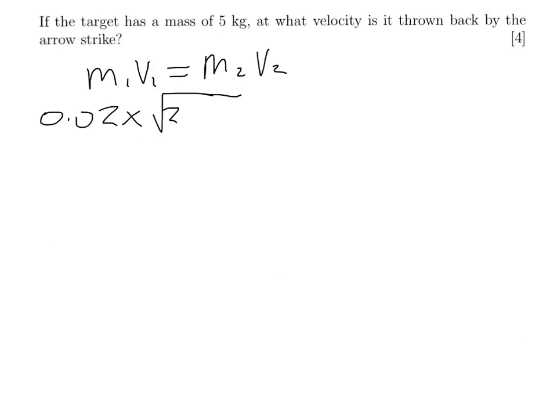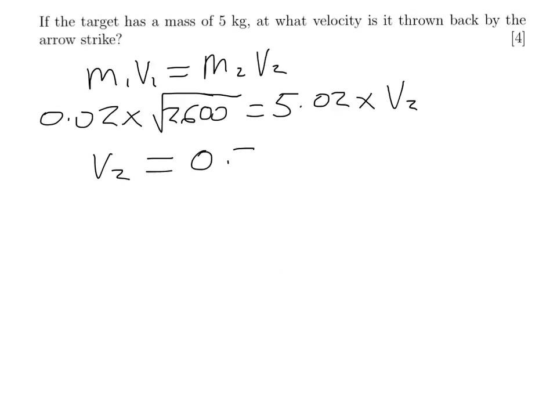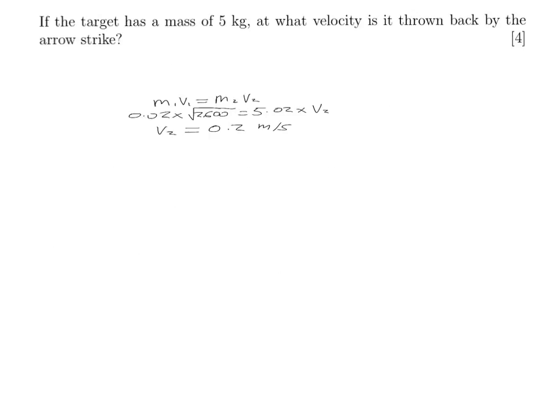Our velocity is the square root of 2,600, which we had in our last question. When the arrow strikes the target, it sticks in the target. So this is the combined mass of the arrow and the target, and we're looking for the velocity of them both afterwards. So we can solve for v2 to give 0.02 meters per second.